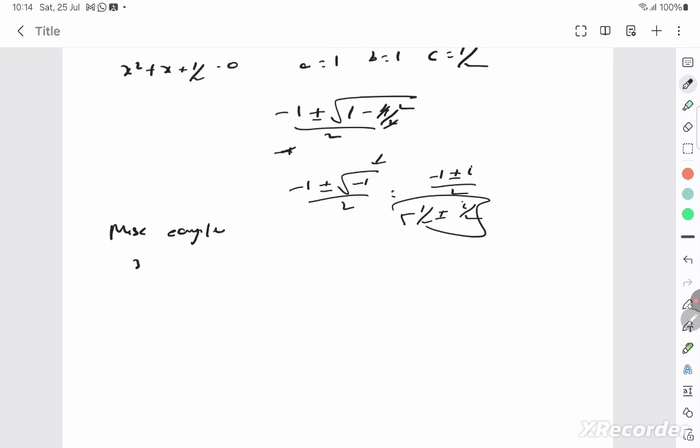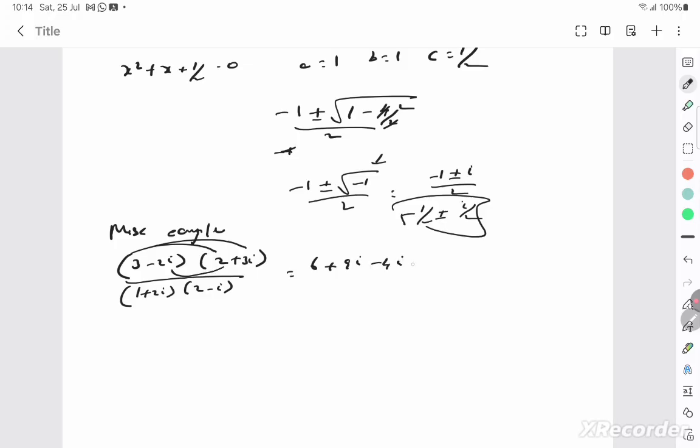Find the conjugate of (3 minus 2i)(2 plus 3i) by (1 plus 2i)(2 minus i). Just multiply it inside. 3 2s are 6, plus 9i, minus 4i, minus 6i square.